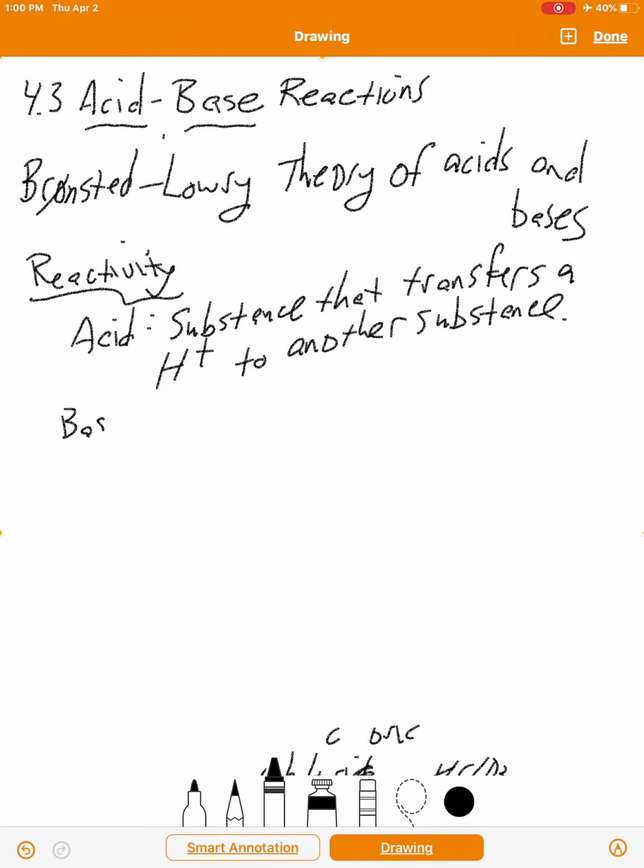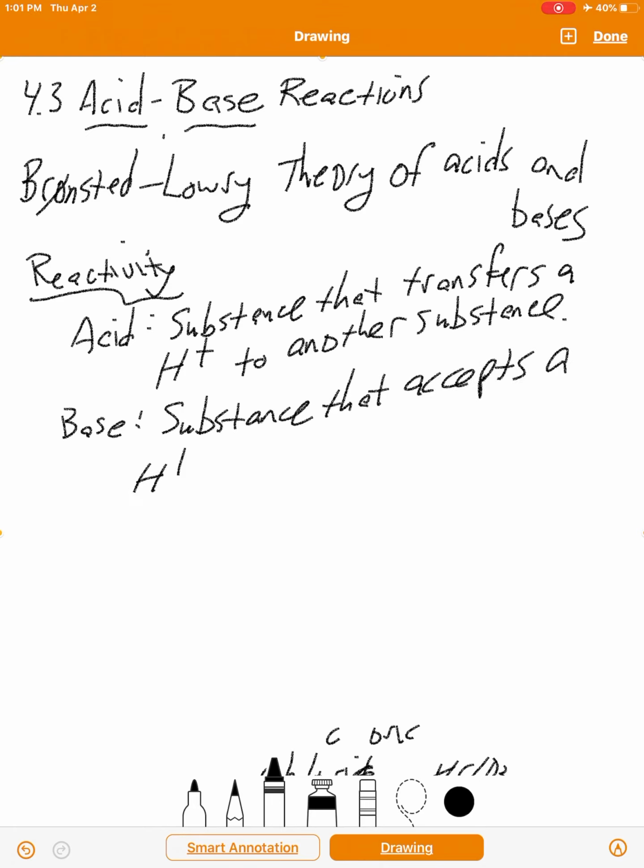And a Bronsted-Lowry base is a substance that accepts a hydrogen ion from another substance. Okay, that's the theory. Now it's based on reactivity. It's what they're doing as opposed to what they produce.